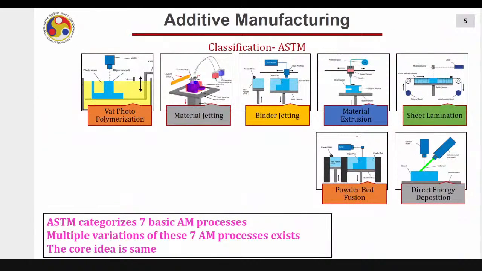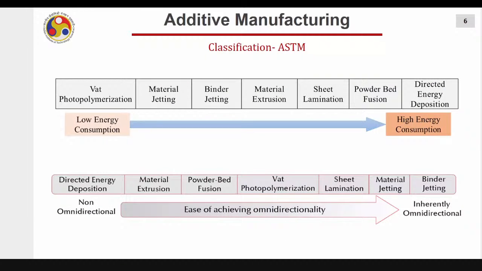ASTM has classified this process into 7 categories, which we have already discussed yesterday, and we have also seen they have classified them based on energy consumption. The first is wet photopolymerization, least energy required, and the last one is directed energy deposition, highest energy required. Now, let me rearrange today.